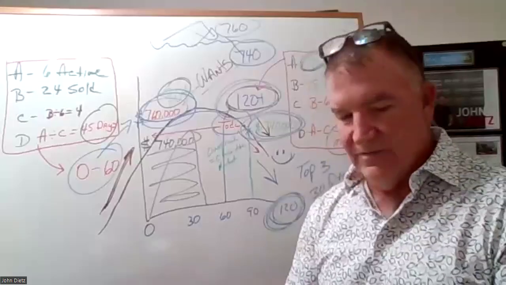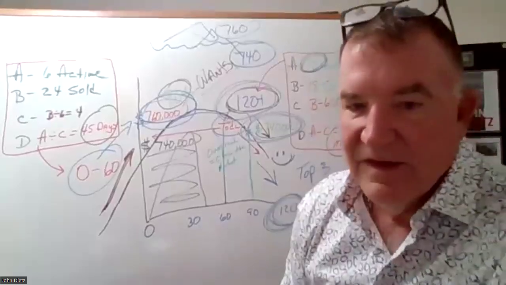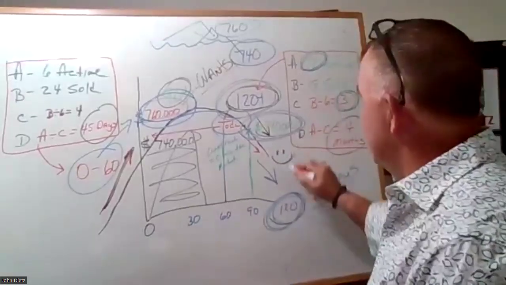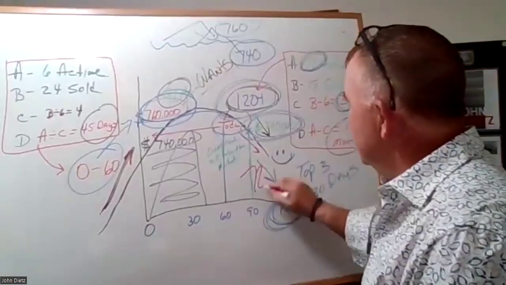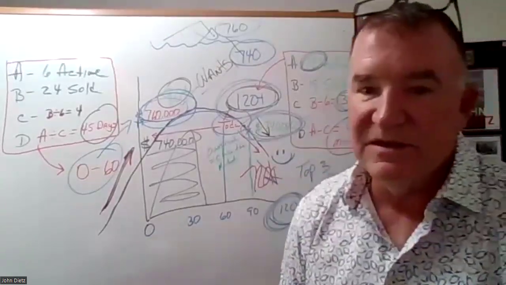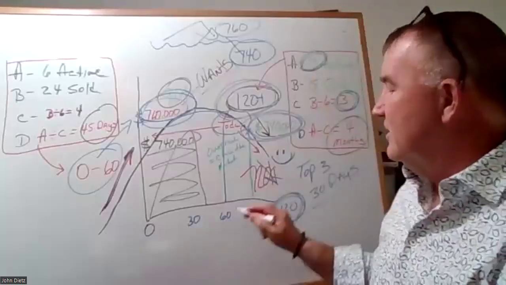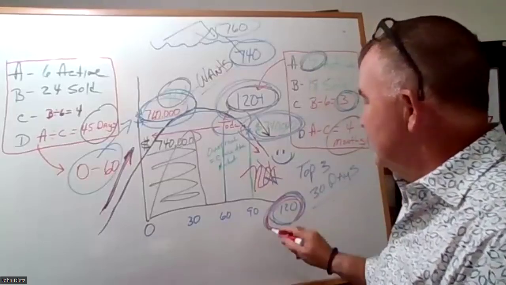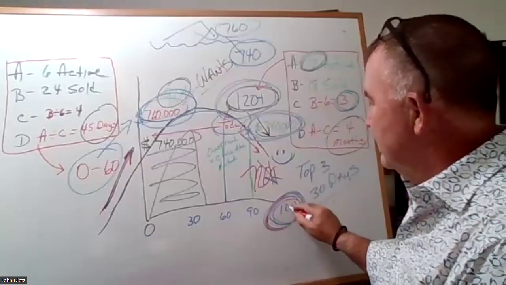So you come in with an offer of $720,000. I know this is a hot mess, but I hope you guys can read all these different numbers up here. You come in with an offer of $720,000. Who has the strongest negotiating position at 120 days?